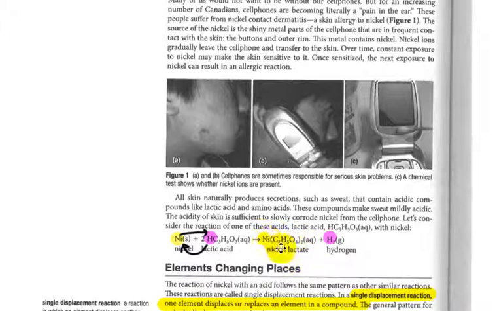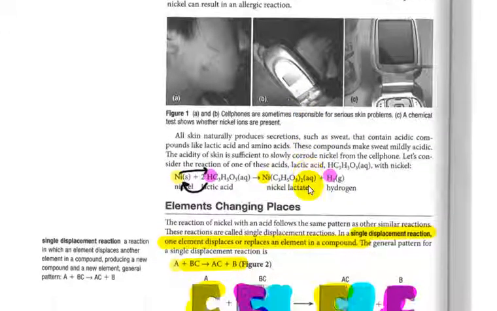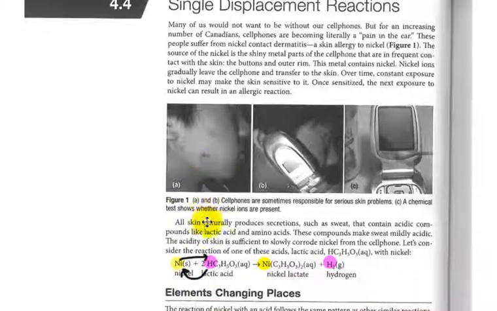And we have nickel lactate being formed and a little bit of hydrogen gas. So this occurs on your skin, and of course having that aqueous solution on your skin can damage it or cause allergic reactions. So this is referred to as a single displacement reaction.